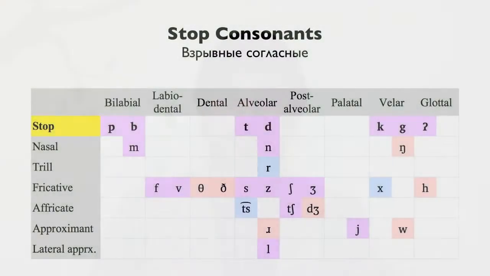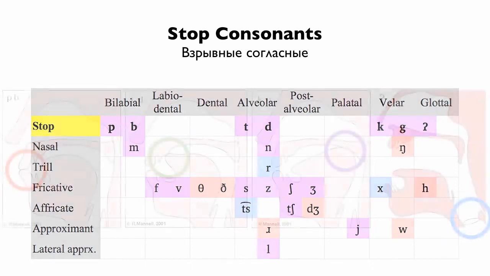In this video, we will examine the 7 manners of articulation found in Russian and English. The stop consonants include the sounds p, b, t, d, k, g, and the glottal stop. All of these sounds are found in both Russian and English.